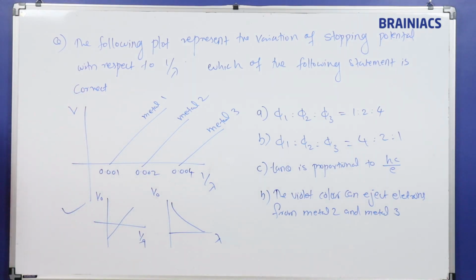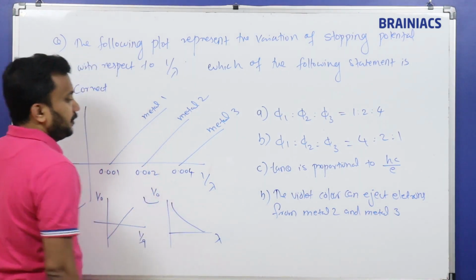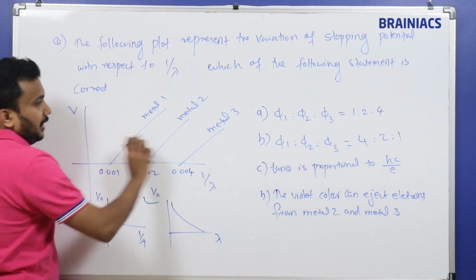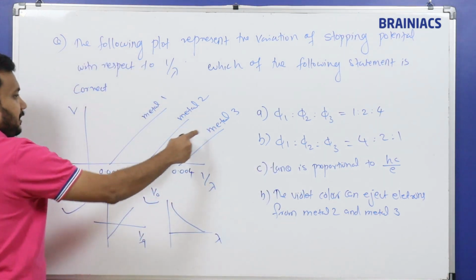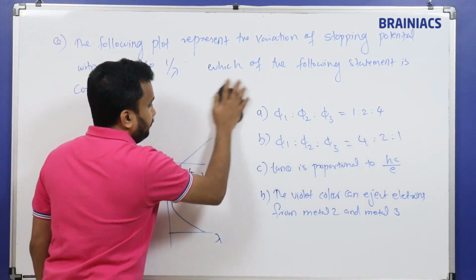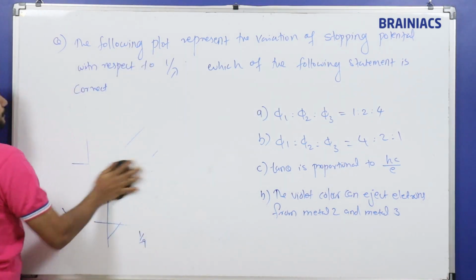Just understand this additional information, which I am giving before entering the question. Now we have the graph given. I'll keep the options here: metal 1, metal 2, metal 3. I am clearing this area and will answer on this left side. Okay, fine, perfect.